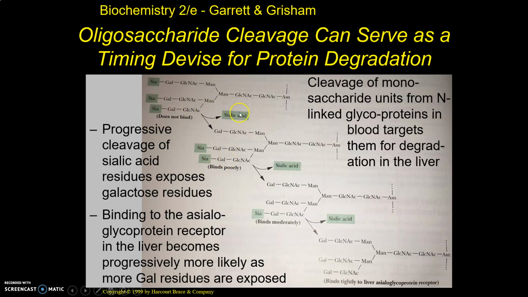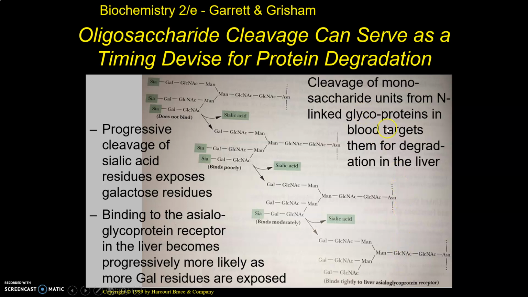So the sialic acid goes away, and now we have this exposed galactose residue. Well, we can keep doing this. We can keep releasing the sialic acid, exposing a second galactose residue, pop off the other sialic acid, exposing a third galactose residue. And the more exposed galactose residues you have, the more likely this molecule is to bind, especially in the liver.